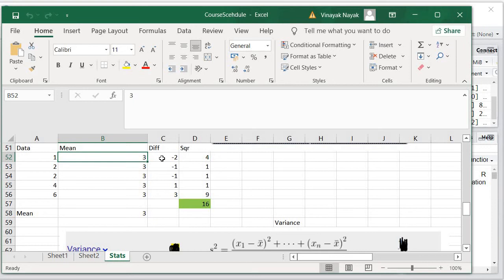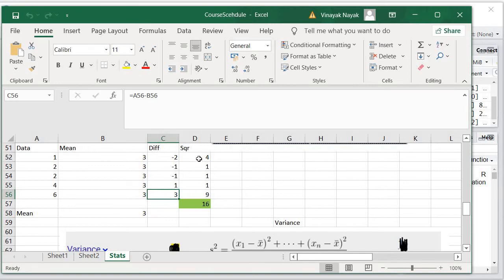It is column A minus column B, as in 1 minus 3, which is minus 2, 2 minus 3, which is minus 1, 2 minus 3 again minus 1, 4 minus 3 is 1, and 6 minus 3 is 3. So you have received this difference value.